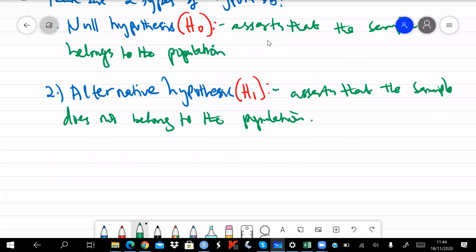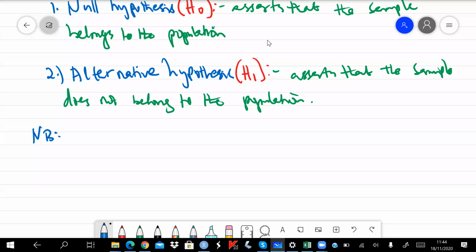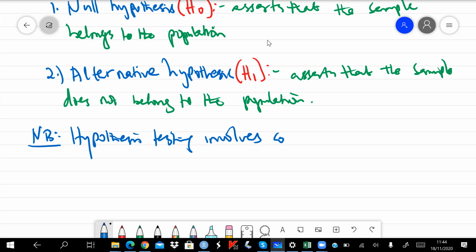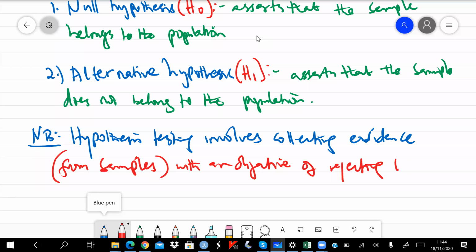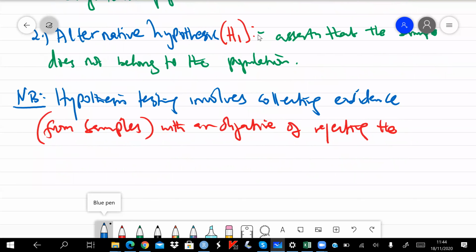Then we can note that hypothesis testing involves collecting evidence, and this evidence comes from samples, or let's say from a random sample, with an objective of rejecting the null hypothesis.